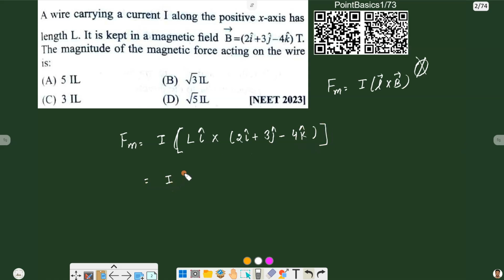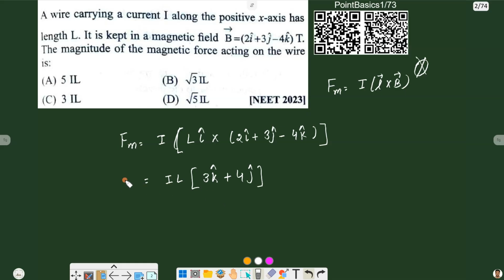So L comes outside. i cross i will be 0. i cross j is k, so it will be 3k. With the negative sign, i cross k. Now we know that k cross i is j, and i cross k will be negative j. So negative negative becomes positive, and we will have 4j.